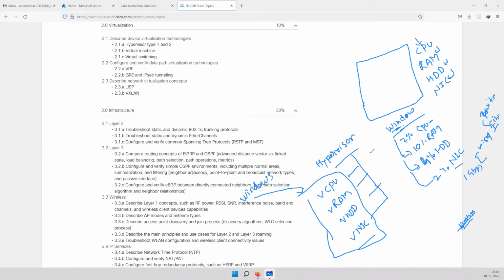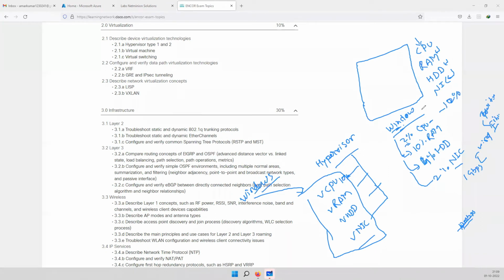Now you have the virtual layer, and the physical utilization of CPU may increase. Maybe the virtual CPU that you have dedicated for this Windows machine consumes 10%, so the physical CPU utilization would go to around 10%, 12%.